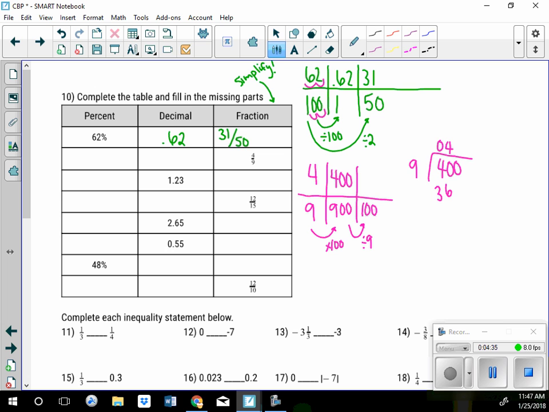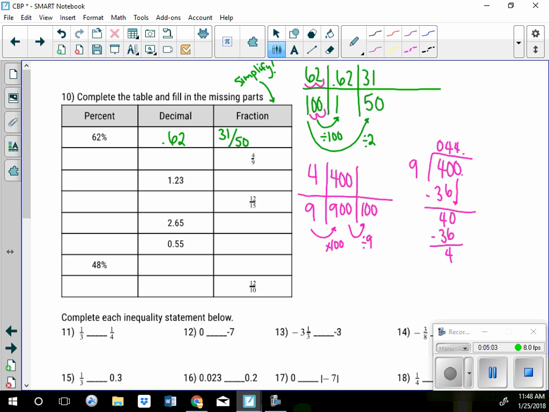Now it would be 36. Minus, 4 minus 4 is 4. Then you put down the 0, and it goes into 400, which would be 36 again. What's going on? Let's put in our zeros.